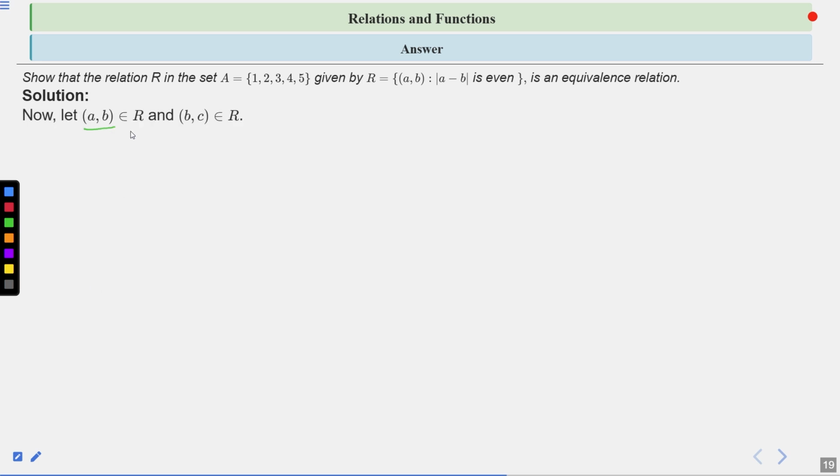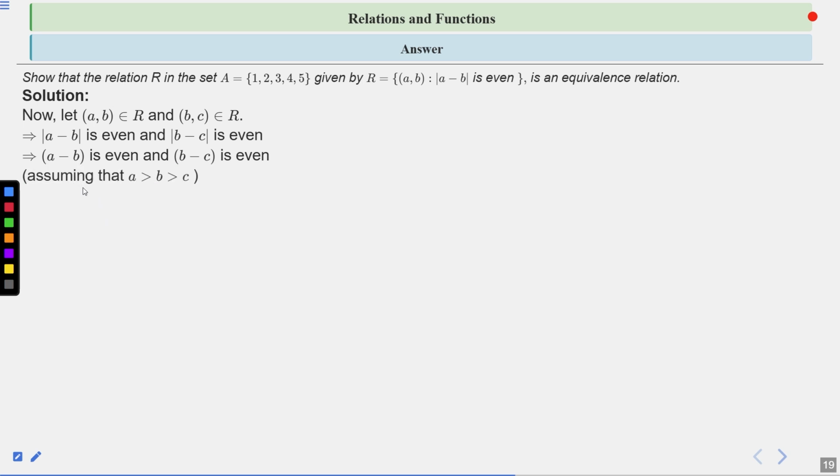Now for transitivity, starting with two pairs, A comma B belongs to R, B comma C belongs to R. From the first pair, the absolute value of A minus B is even. From the second pair, the absolute value of B minus C is even. So A minus B is even, B minus C is even. So assuming that A is greater than B greater than C, we have A minus C equal to A minus B plus B minus C, which is even.